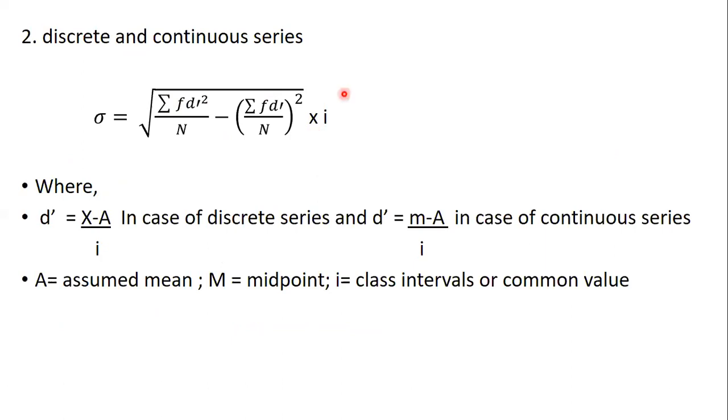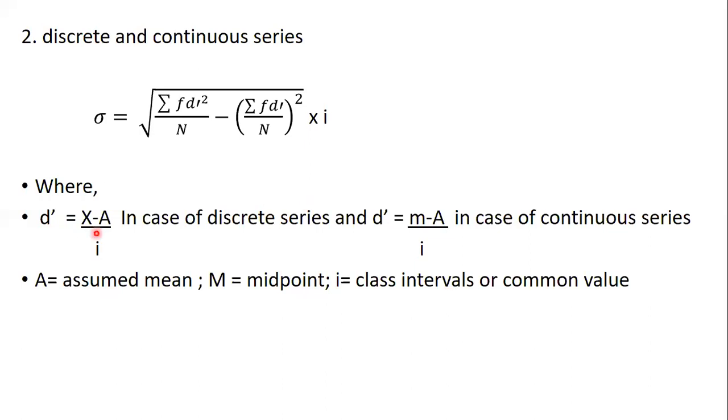Here, let us understand a few notations. That is d dash is equal to x minus a by I. So this is similar to yesterday's problem that we solved. We have to find out d dash, that is x minus a, where a is the assumed mean, divided by I, the class interval or common value.